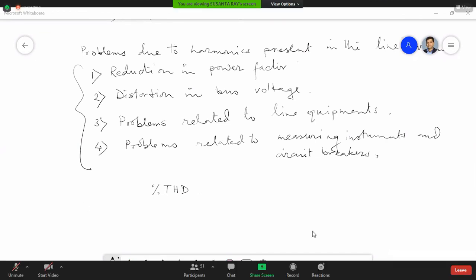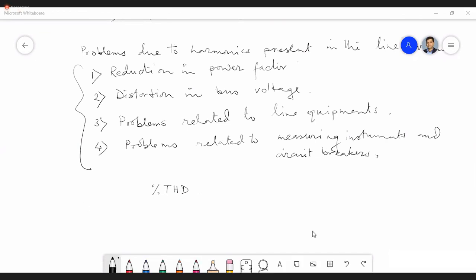How can you make a measure for total harmonic distortion? RMS square minus average square.